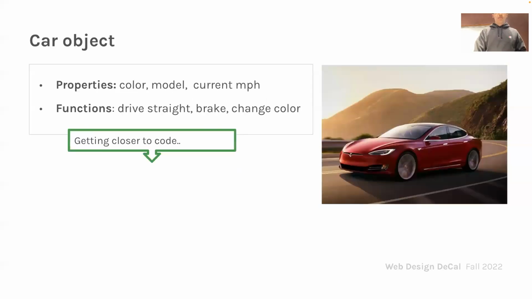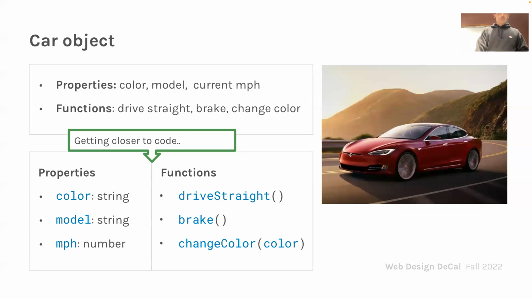So how we might want to frame this in terms of code, in terms of JavaScript, we'll have these properties that we define. This is how we define it. We have names for them, but we don't really have to give it the string value. And then functions will have drive straight as a function.